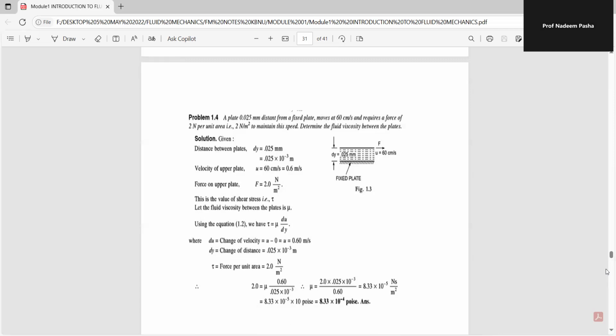So 2 is equal to mu into 0.6 divided by 0.025 into 10 to minus 3. If you do the calculation, it comes out to be 8.33 into 10 raised to minus 5 Newton second per meter square. If you want to convert this into poise, it will be 8.33 into 10 raised to minus 4 poise.